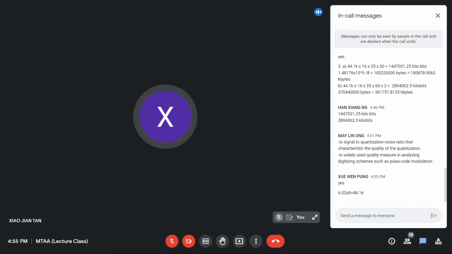Is this the answer for B? 6.02 multiplied by 8 equals to 48 something. Is this for B or C? I'm asking for question B. Sherwin?